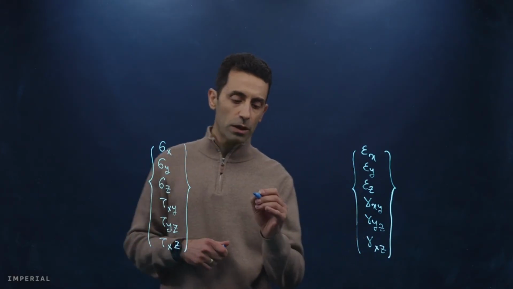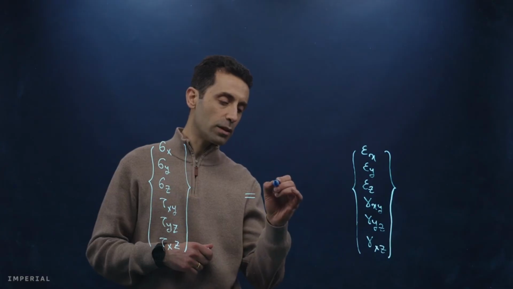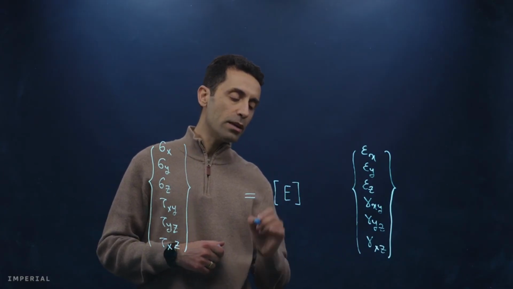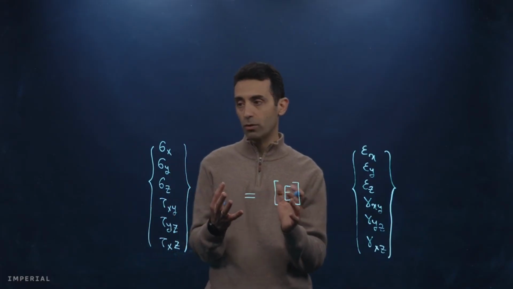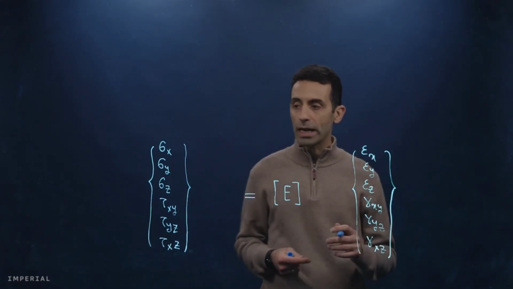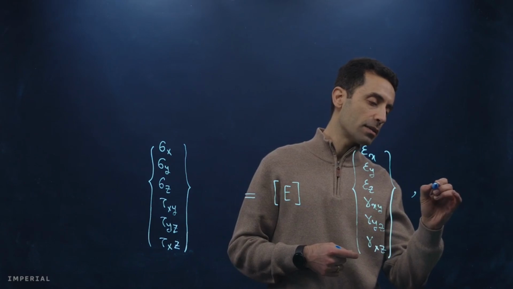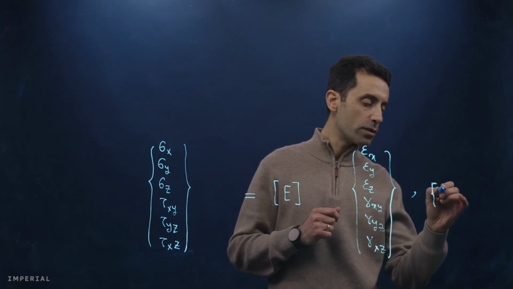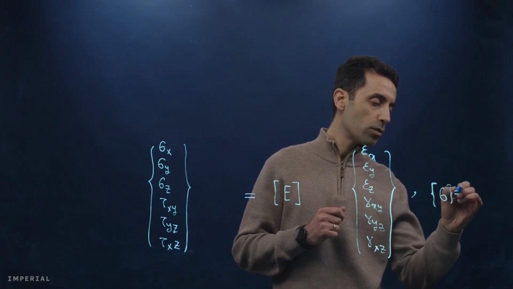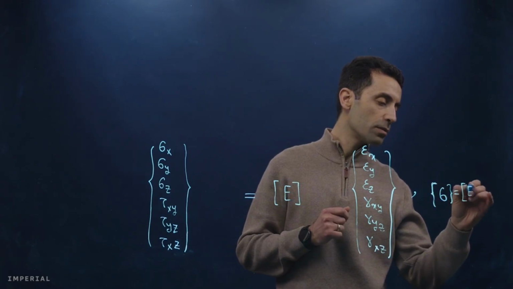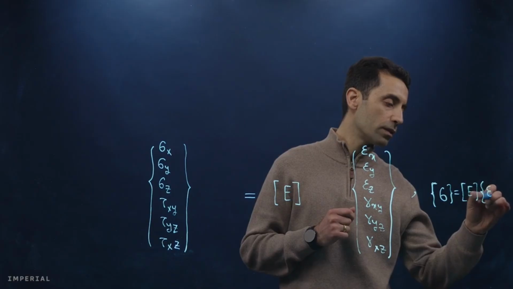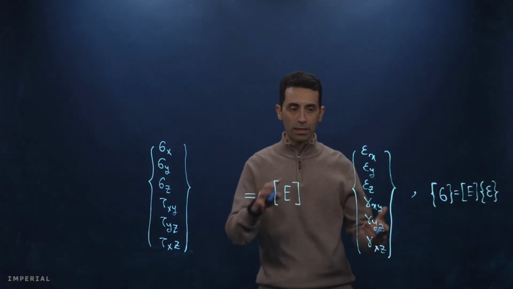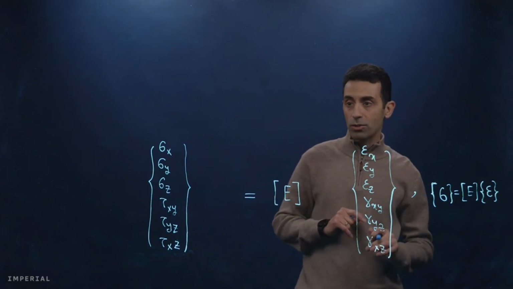So in general, we write that function like a matrix E, which is our constitutive equation. Or we can write this as the vector of stresses equals our constitutive model times our vector of strains. Okay, so that is how we would link our stress with our strain.